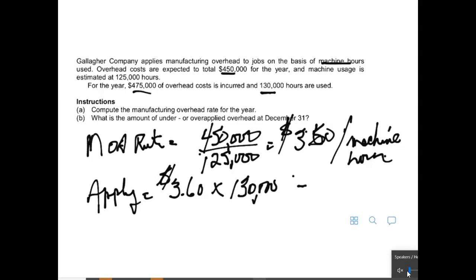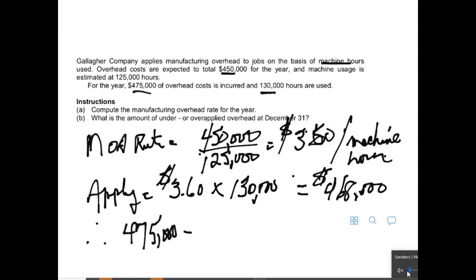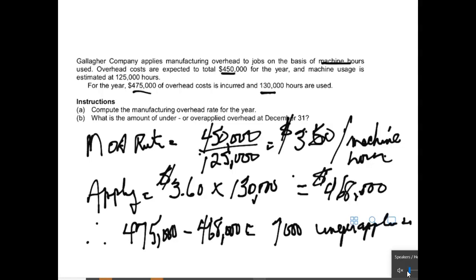So therefore, I would have applied $468,000, and therefore, if I incurred 475,000 and I applied 468,000, then I underapplied by 7,000. Okay? So that equals 7,000 underapplied overhead.